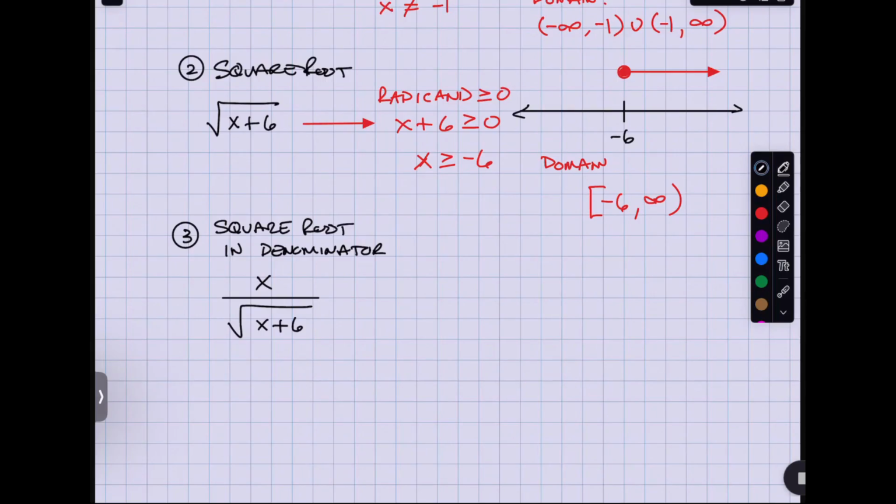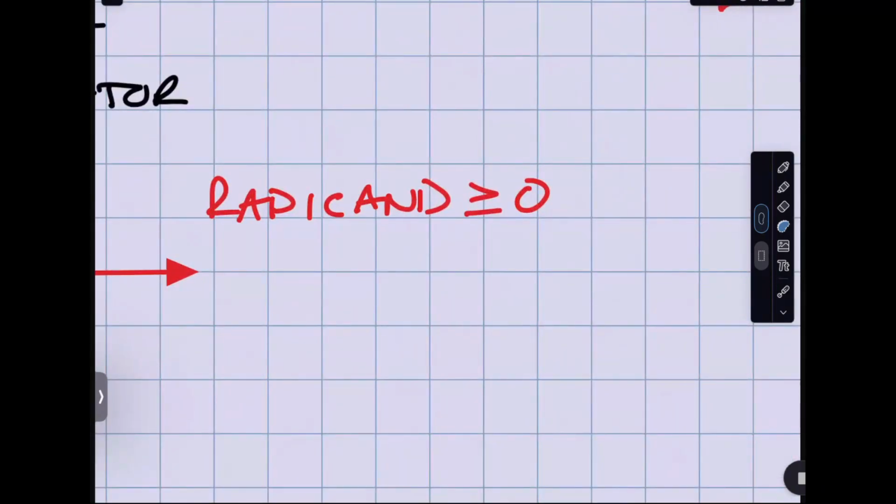Remember, whenever we did rational stuff, we dealt with restrictions before we started to simplify. So we can't simplify yet. If we follow what was said up here, can the denominator equal 0? Everybody pay attention. That means this right here has to be deleted, because it can't equal 0. So we have to take that away.